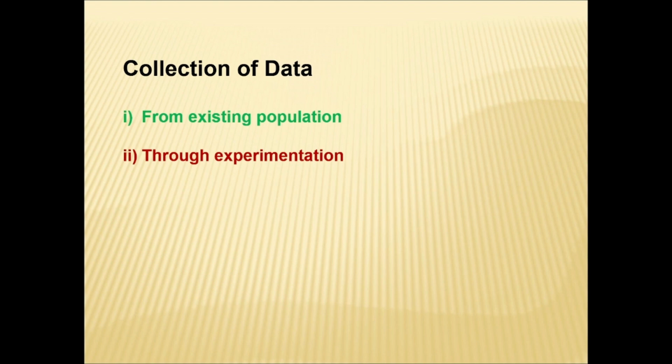So, experimental data are prone to less fluctuation than existing population data. In social science and behavioral science, you sometimes won't get experimental data. We have to take the data from the existing population. So there you don't have anything to do. You can go for collection of data.